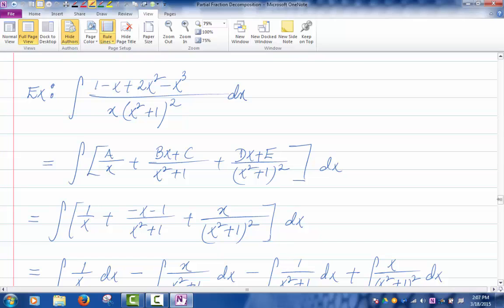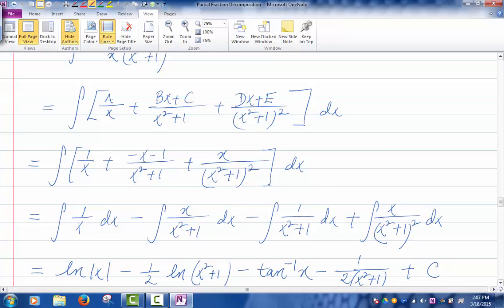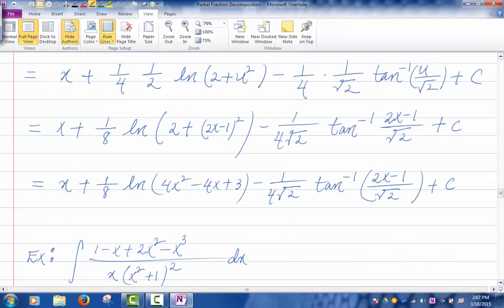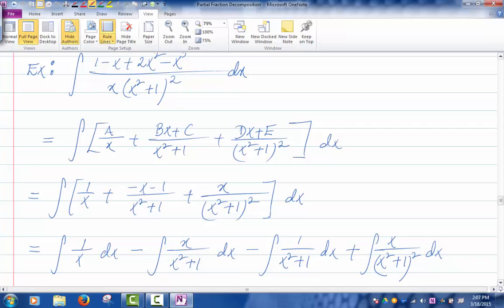Any questions so far? Okay, so what's the integral of 1 over x? What I have then is the integral of 1 over x plus... the middle term I am breaking into two fractions.